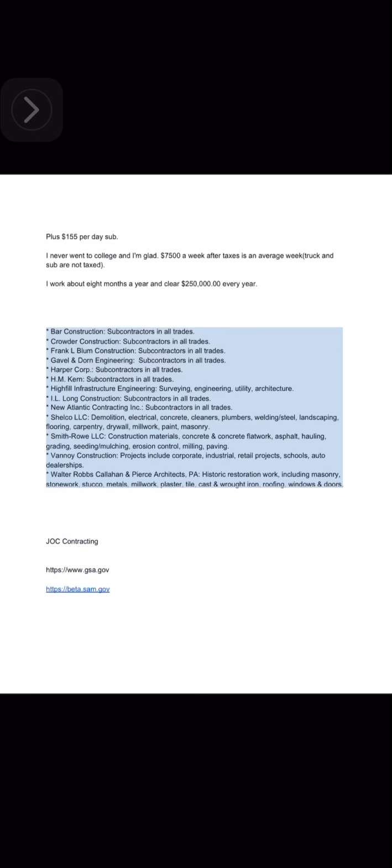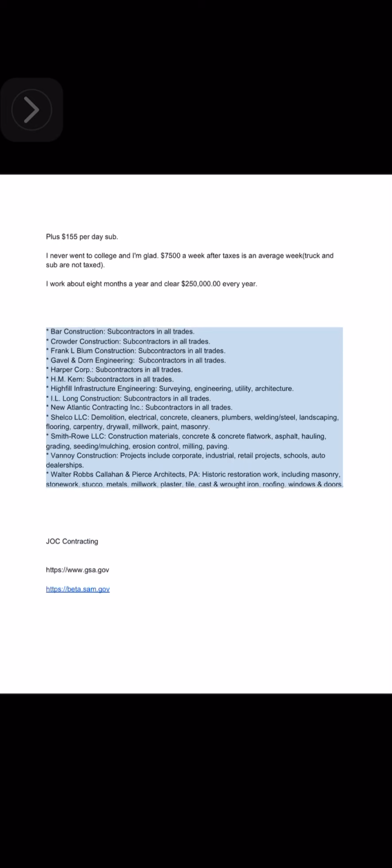Bark Construction, subcontractors in all trades. Crowder Construction, subcontractors in all trades. Frank L. Bloom Construction, subcontractors in all trades. Gavel and Dorn Engineering, subcontractors in all trades. Harper Corp., subcontractors in all trades. H.M. Kern, subcontractors in all trades. Highfill Infrastructure: Engineering, Surveying, Utility, Architecture. I.L. Long Construction, subcontractors in all trades.